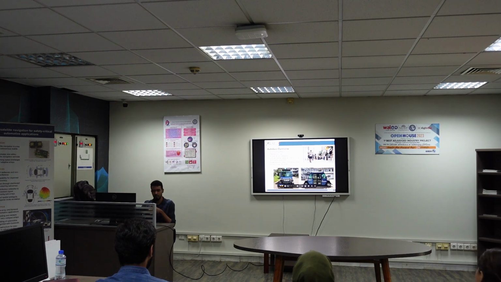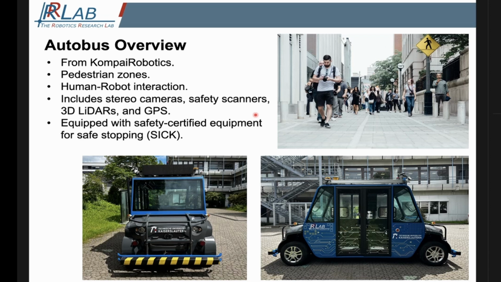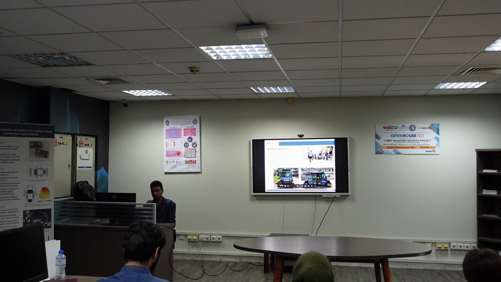The main goal of the research is to drive this Autobus in pedestrian zones, so zones that have no other vehicles, and this you can see in the image on the top right. It is used to facilitate transportation for elderly people in these pedestrian zones. Also, it's important to note that in pedestrian zones, vehicles drive with a maximum speed of 6 kilometers per hour, so it is not that fast.